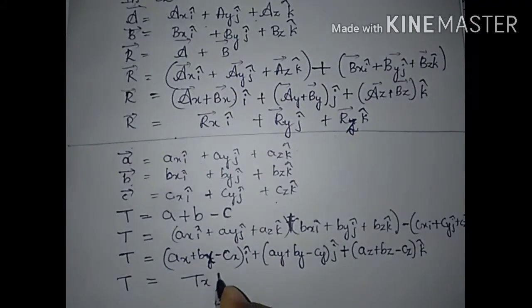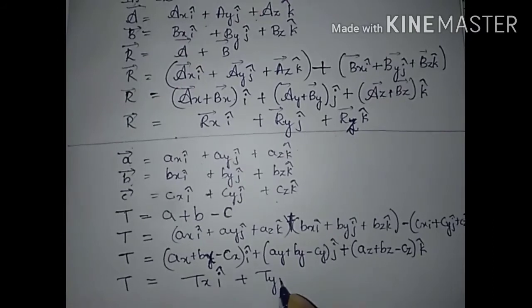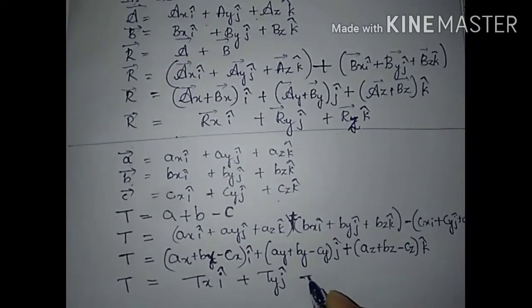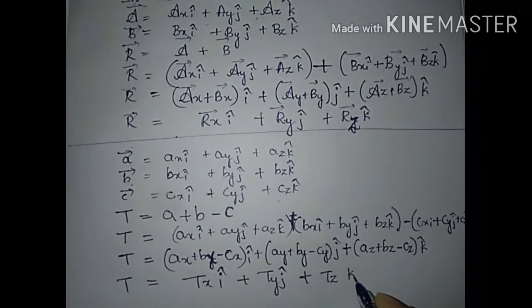So this is Tx i cap plus Ty j cap plus Tz k cap.